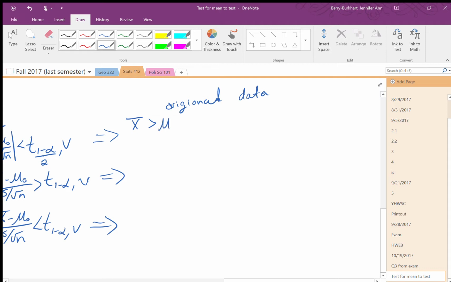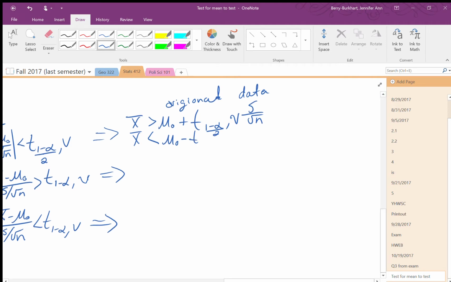Well, I can test either here or here, right? Over here I've transformed it to a standard t, and over here I've transformed it back into the scale units of the original data. In order to get here, first I do this, and then if I want to go back into the original data, I do the test over here.